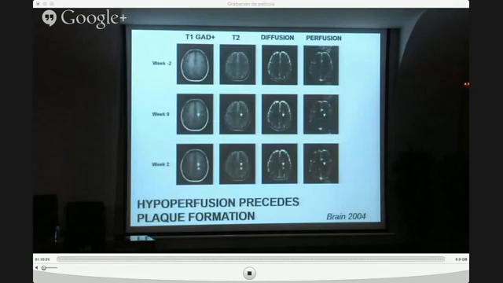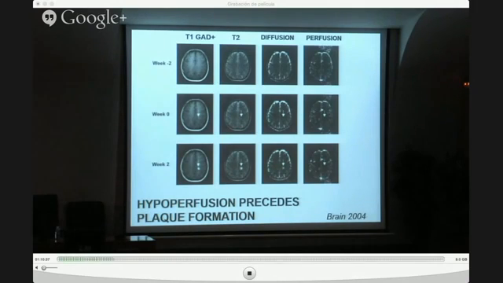This is a fantastic study in which relapsing-remitting patients were followed up by MRI every 2 weeks. It showed clearly that hypoperfusion precedes plaque formation.